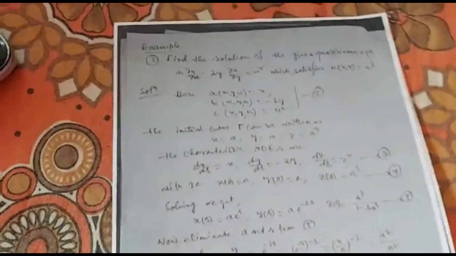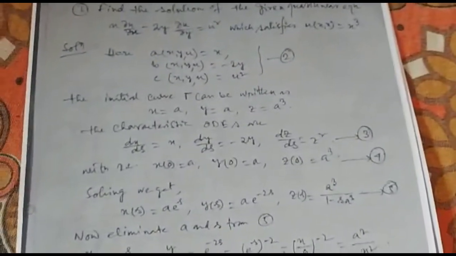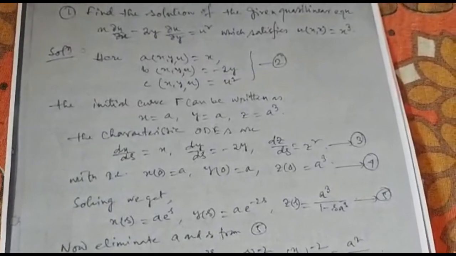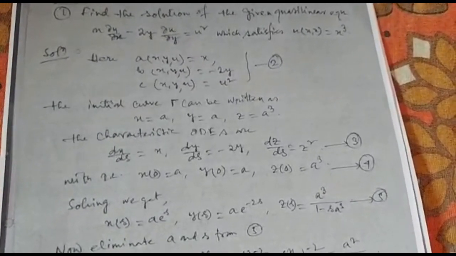And the initial condition can be written as x(0) = a, y(0) = a, z(0) = a³.